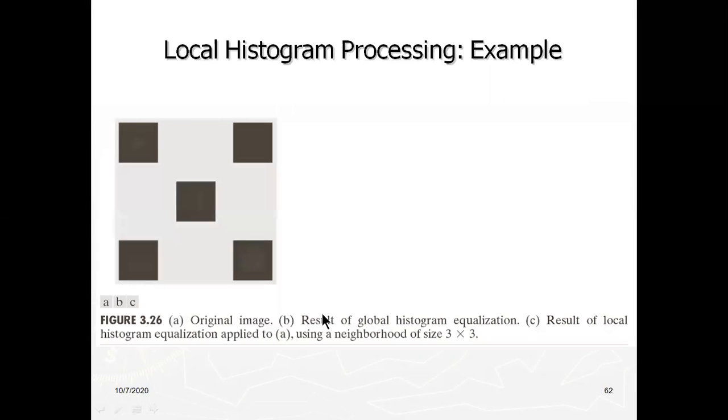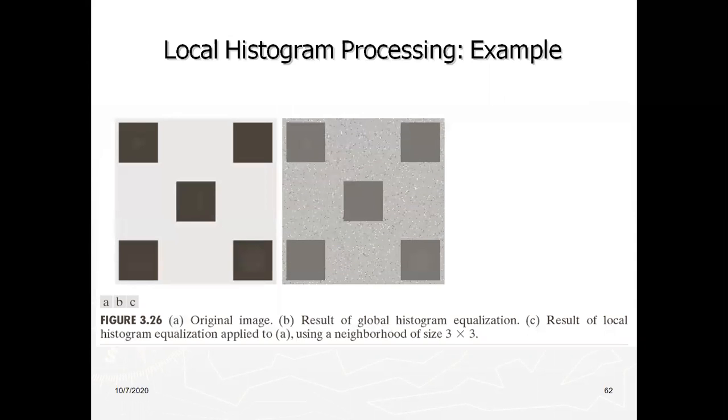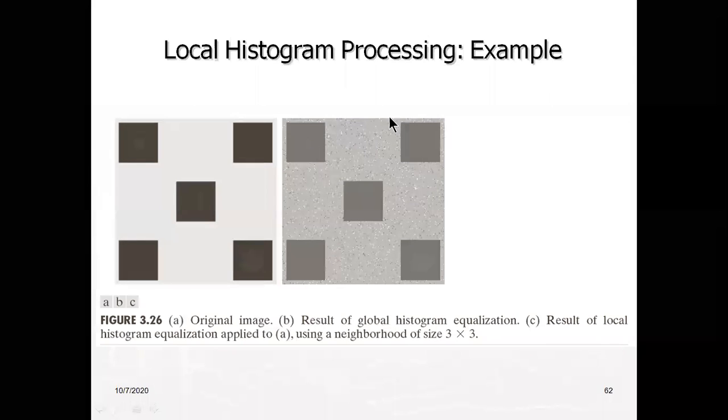So an example of this local histogram processing is given over here. Local histogram equalization is applied. The result of the global histogram equalization will be like this. You can see that here you have a snow kind of thing in place of the white.